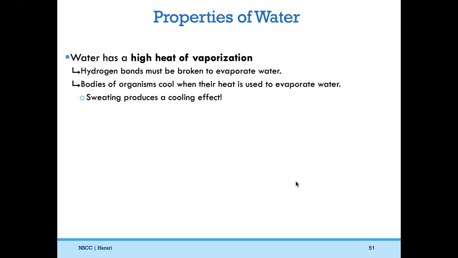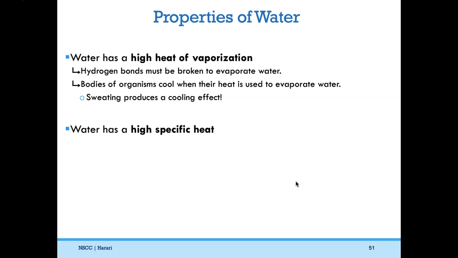But this actually comes in handy when organisms need to cool down. We can use the heat of our body to evaporate water, like sweat, and that causes a cooling effect on our bodies. So the high heat of vaporization is a very good thing for multiple reasons.